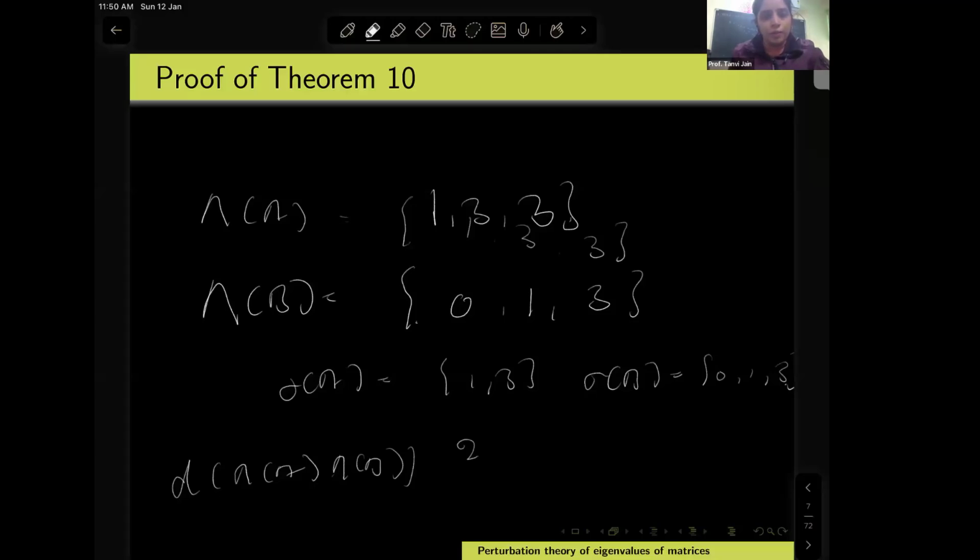Now let's come to H(sigma A, sigma B). Once we do this example, we will have a better idea of how this Hausdorff metric is calculated. So what is the definition of the Hausdorff metric?